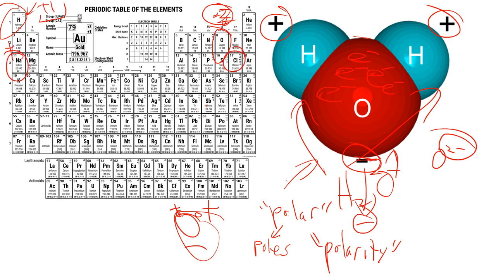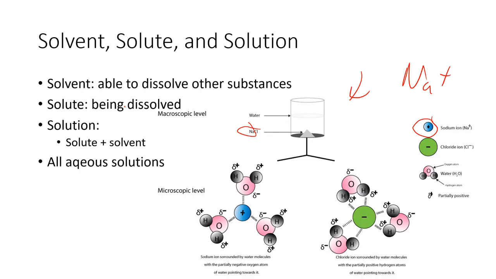Chlorine tends to be in the halogens, so it tends to have a -1. Remember, -3, +2, etc. So sodium is +1, and chlorine, in this case, a chloride ion because it's charged. Remember, chloride means it's an ion, it's charged, and chlorine just means it's neutral. So in this case, you have sodium chloride.